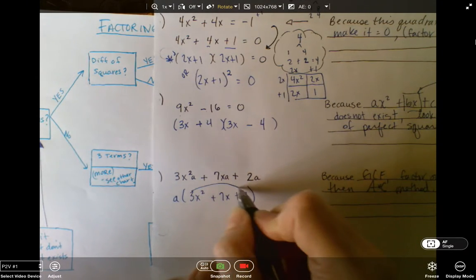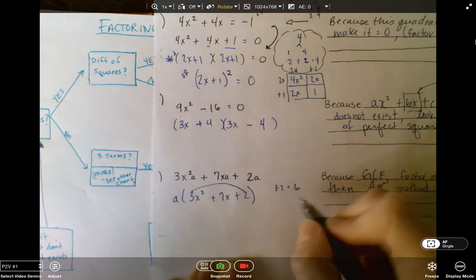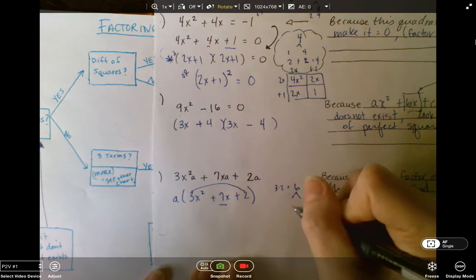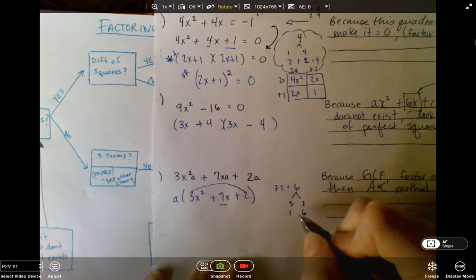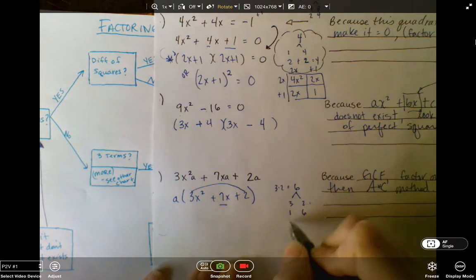So A times C gives me 6. 3 times 2 equals 6. And we need two numbers that multiply together to make 6, but add to make 7. So my options are 3 and 2, but they're also 1 and 6. Since this is positive, these would make 5, and these would make 7, so it's going to be this as our option.